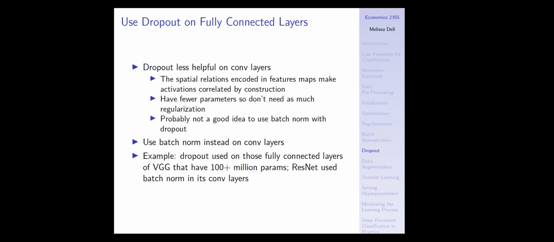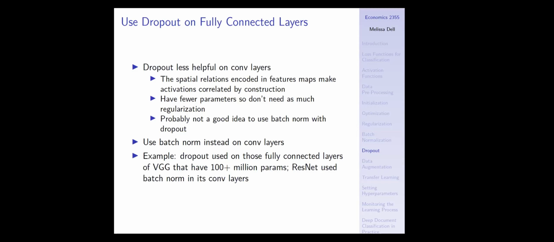Also, it's probably not a good idea to use batch norm, which is really helpful on the conv layers, with dropout, because now dropping things out is going to make your normalization noisier. And so what the literature recommends is you use batch norm on your conv layers, and you may want to use dropout still on your fully connected layers, potentially in addition to batch norm.